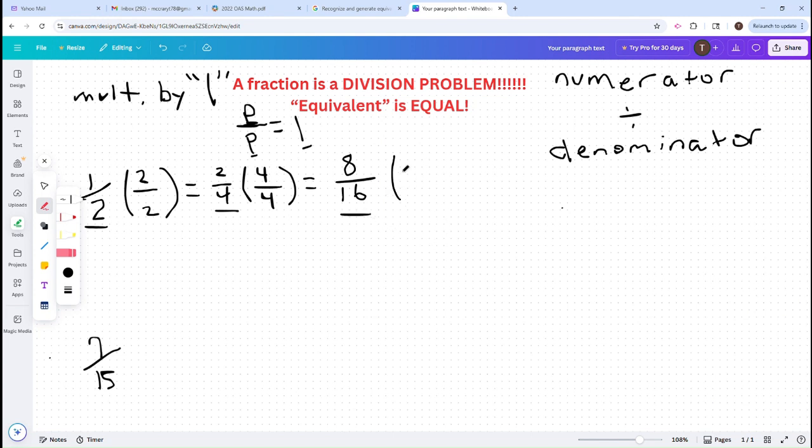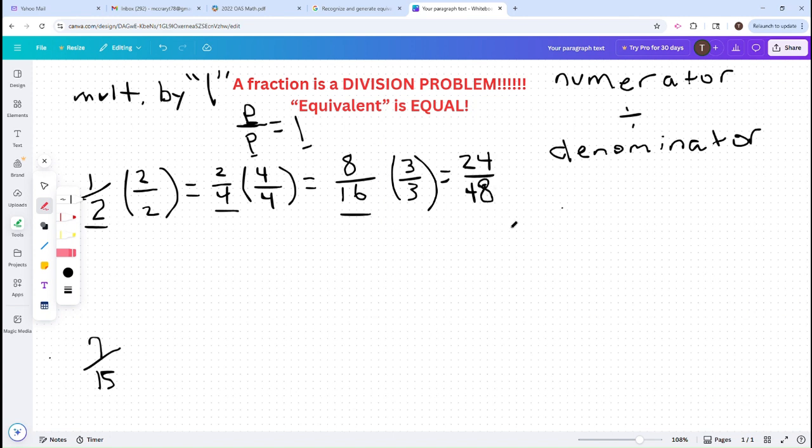Let's do a couple more. We're going to multiply that by another one here, 3/3. 8 times 3 is 24. 16 times 3 is 48. If 16 is double 8, and we're multiplying both numbers times 3, then 16 times 3 has to be double 8 times 3. It's 48.